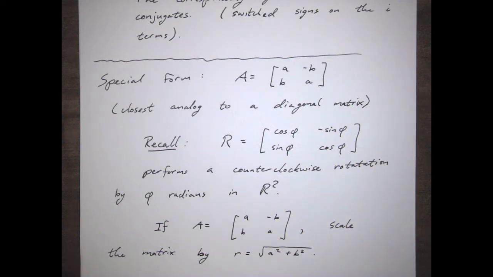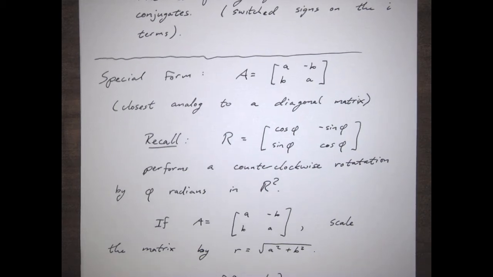So then A is equal to, basically pull out the r, so that we can have a over r, b over r, minus b over r, and a over r.